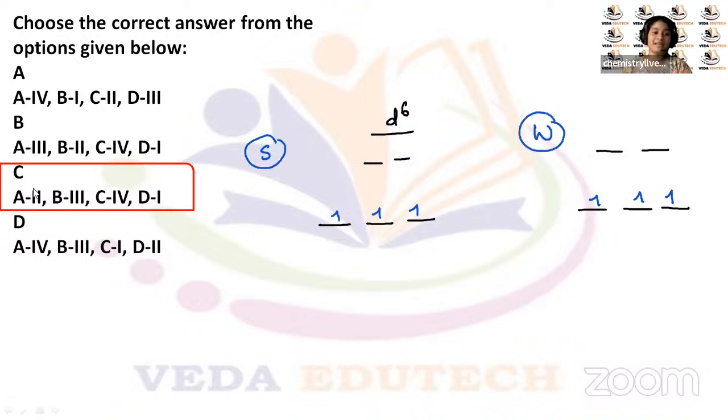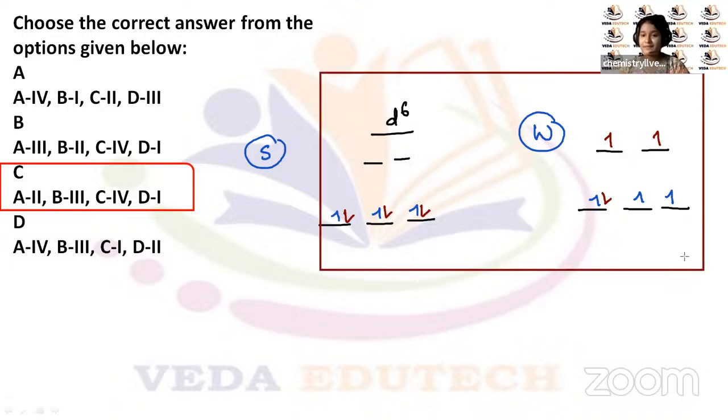For strong, you know that pairing will take place. So 4, 5, 6. Here pairing will not take place. So 1, 2, 5, the fifth is done. The sixth one is now going to pair here. So this is how you are going to solve for CFT. I hope this is clear to all of you, children, how the pairing takes place and everything is done.